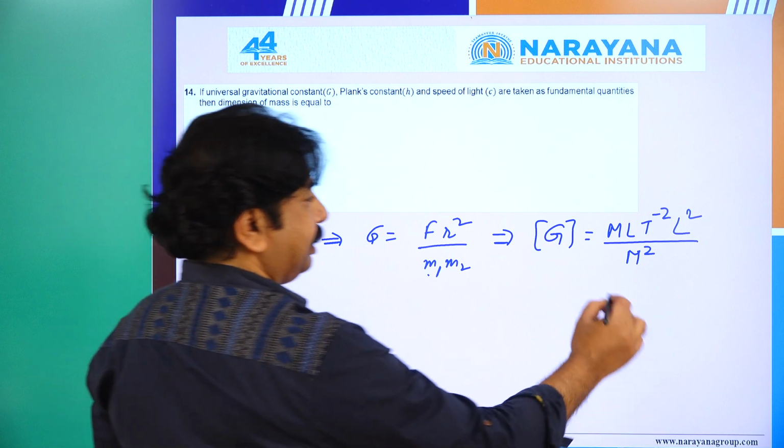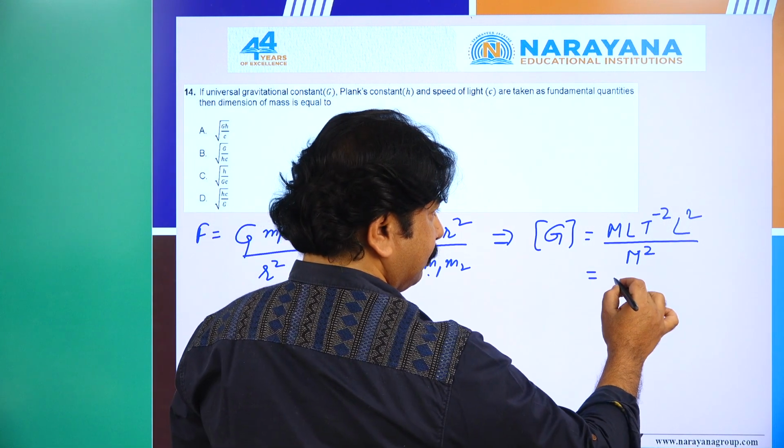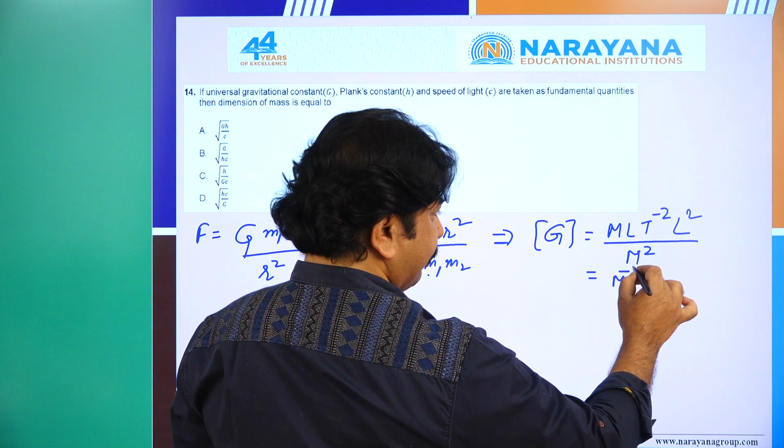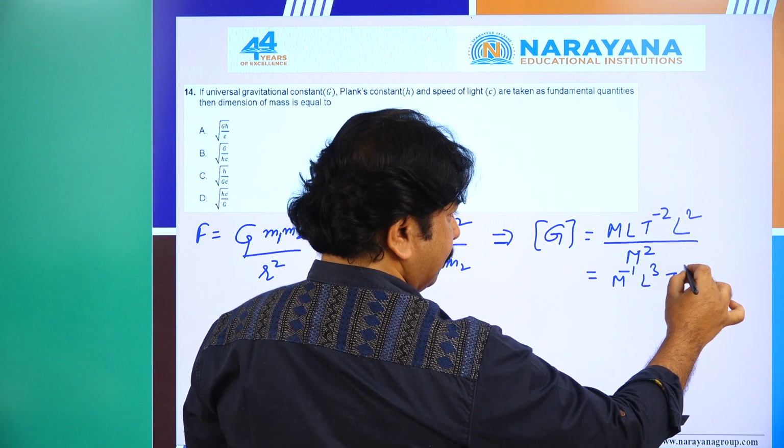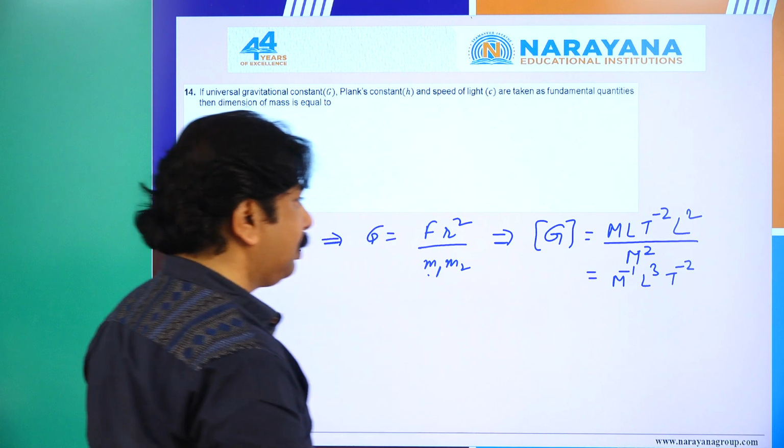So finally the dimension formula of this one is equal to M power 1 L cube T power minus 2.